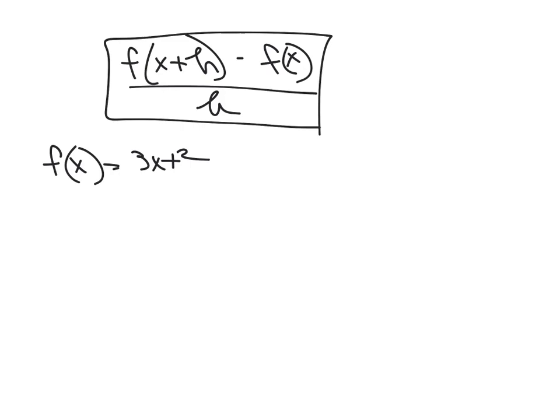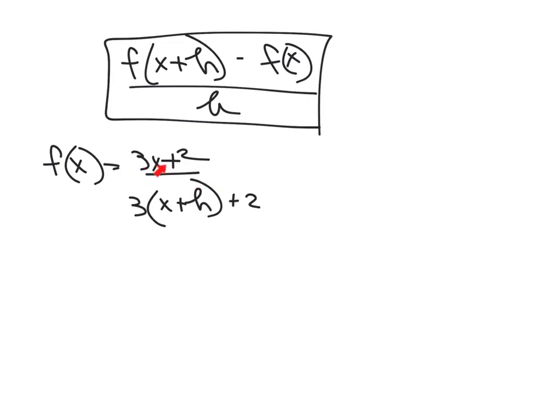So what you're going to be doing there is, let's say I'm looking at b in example 5. We're just going to put 3 times x plus h, plus 2. Okay. So see what happened there.